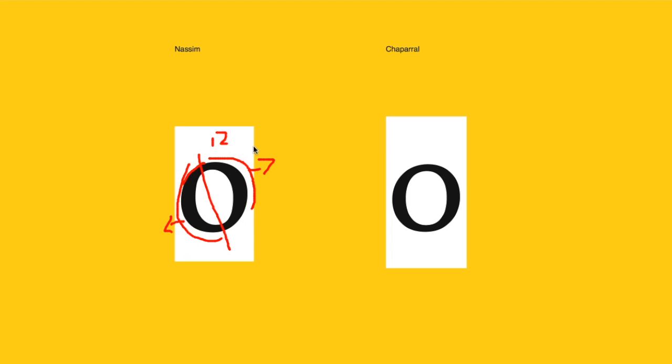Here's 12 o'clock, 3 o'clock, and this is 9, so that'd be 6. We'll say like 8 over here on a clock. Versus in Chaparral, much more direct vertical stress. It's clearly delineated where the thick parts and the thin parts are. And there's a much more regularized treatment of the weight distribution in Chaparral versus Nassim.